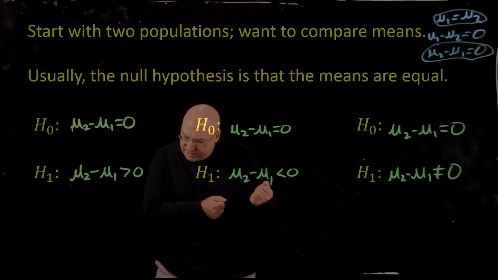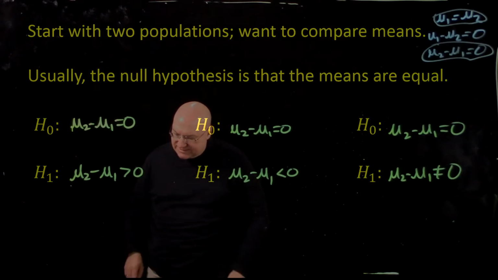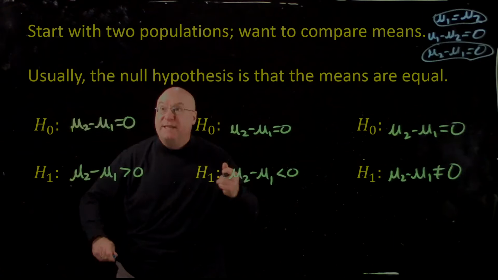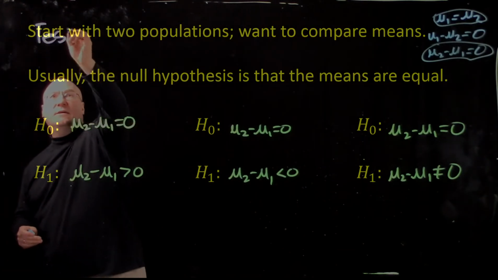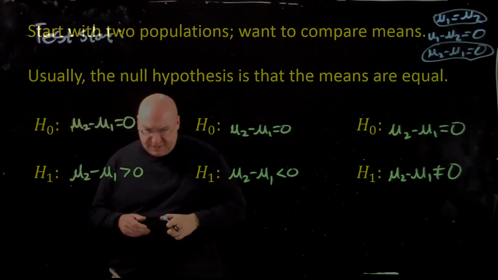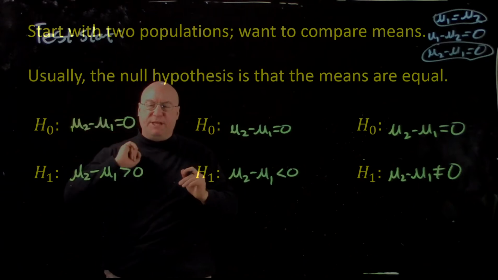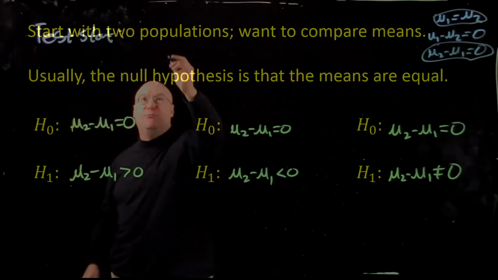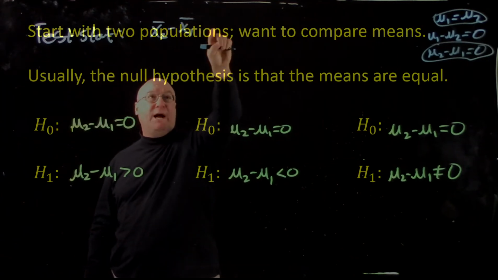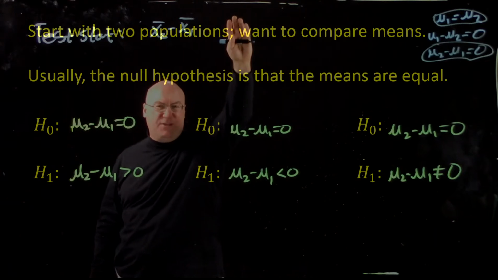And because we are dealing with the combining of two samples from the two different populations, the test statistic is a little more complicated. So let me write it here. Test statistic. It is the representative of the difference of the means, which will be the difference of the sample means. So I will have x2 bar minus x1 bar minus what we think that difference should be in population, and we're saying that we think it's 0, right?